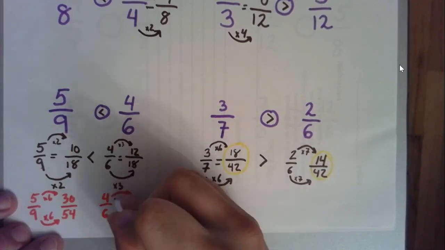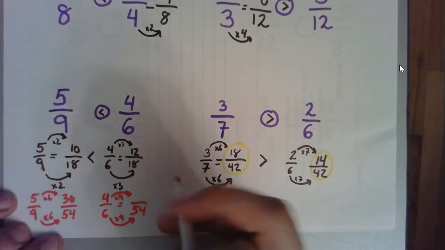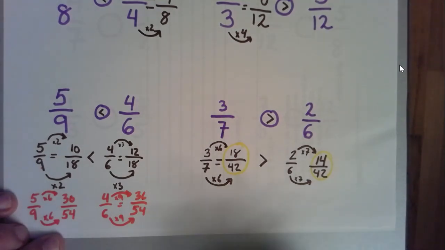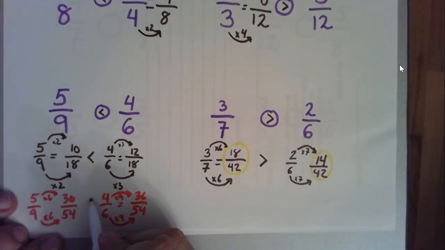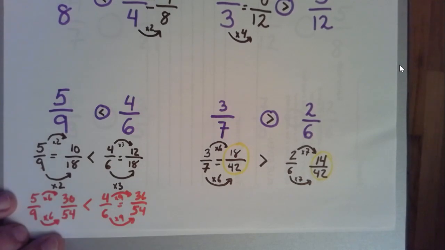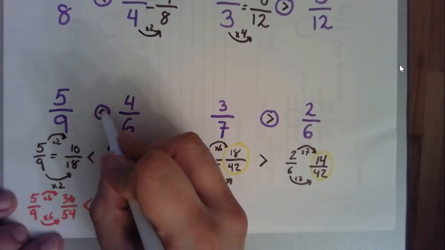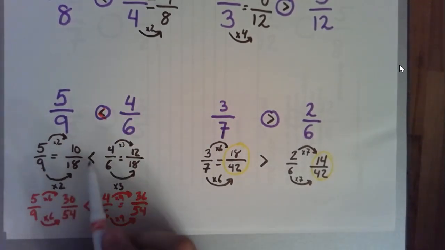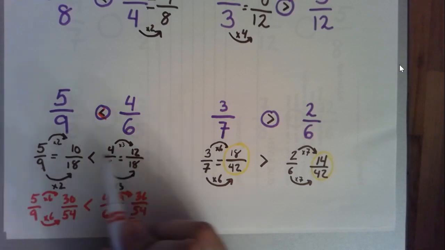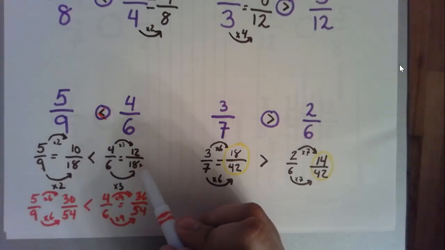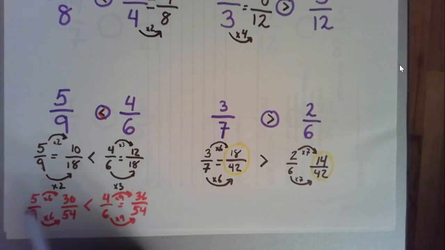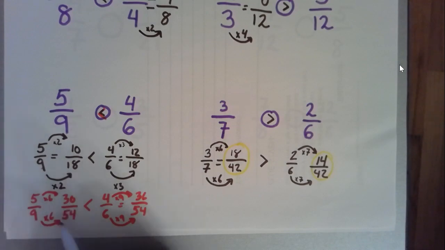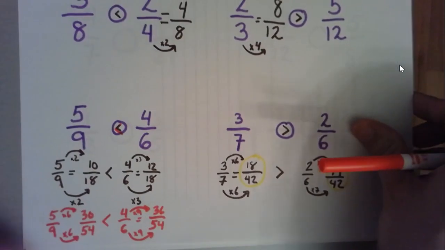And if I multiply my numerator again by 9, 4 times 9, 36. This is still going to work because 30/54 is less than 36/54. And just as we found before, that means that 5/9 is going to be less than 4/6. I find it a lot easier to work with smaller figures like 10/18 compared to 12/18. But if it's easier and you want to just multiply by the other's denominator, that's fine. In this case, we just get 30/54 and 36/54.